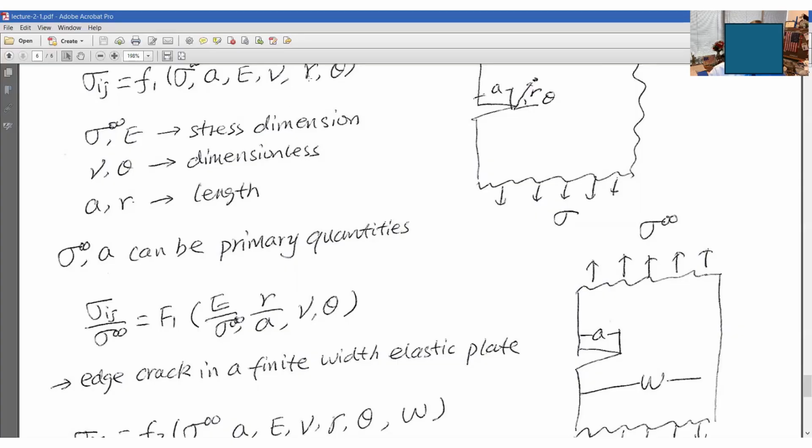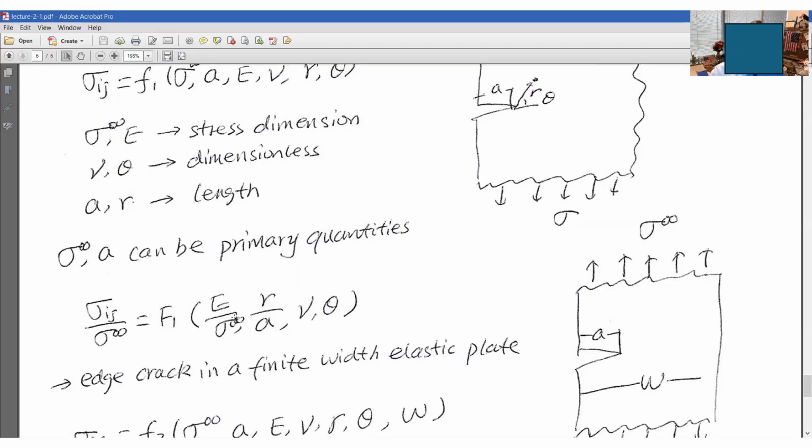So for this R, how can I make it dimensionless? R divided by the dimension of sigma, but for this sigma dimension, I just use exponent 0, so this guy has no contribution, right? But for the length, I use the length dimension exponent as 1.